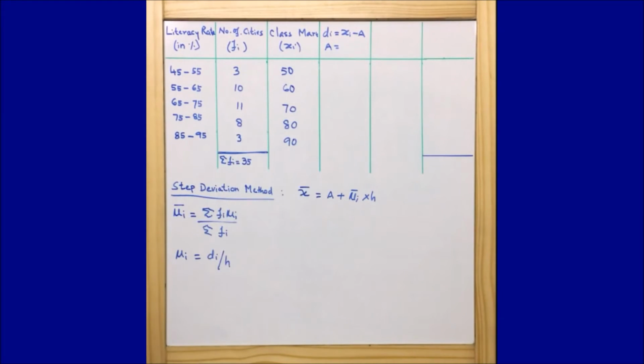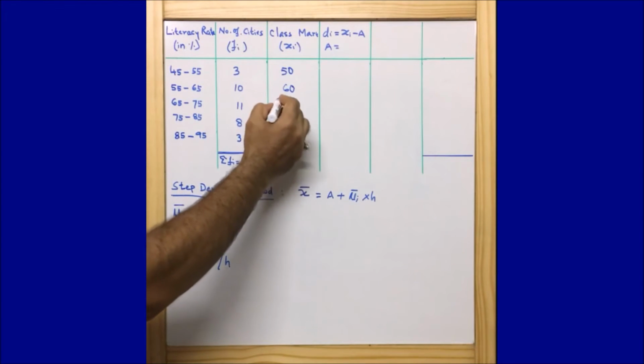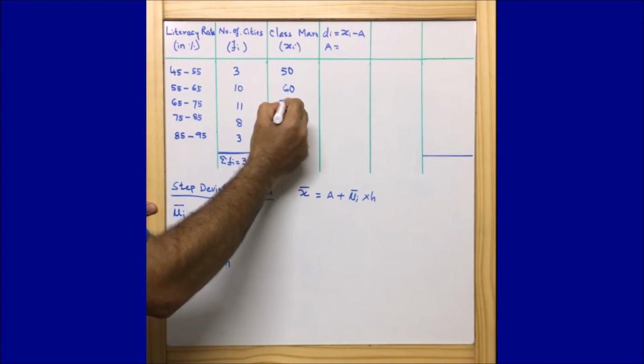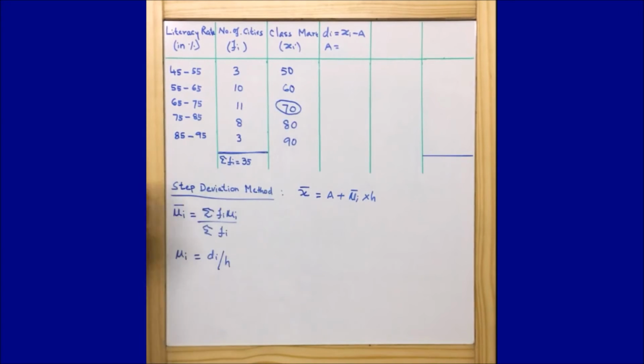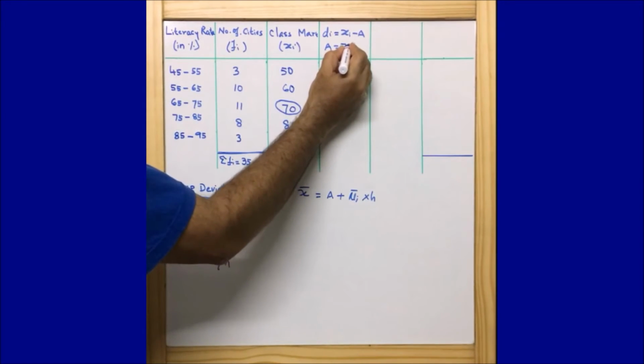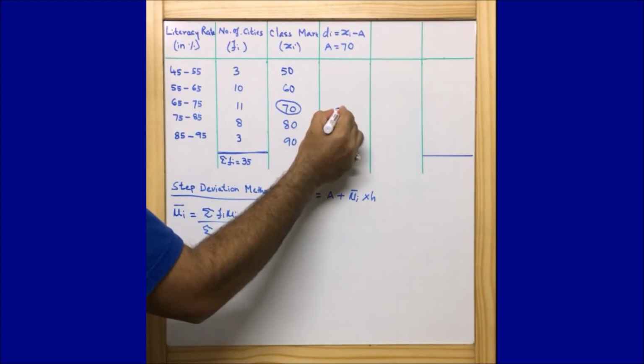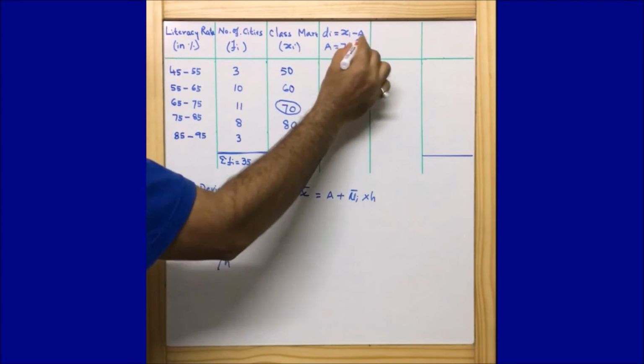If you look into the class mark column, we have 1, 2, 3, 4, 5 values. I always prefer to consider the center point of the class marks, because our class interval is consistent. So let us go with 70 as the assumed mean. Then definitely here you will get 0, because 70 minus a is 0.